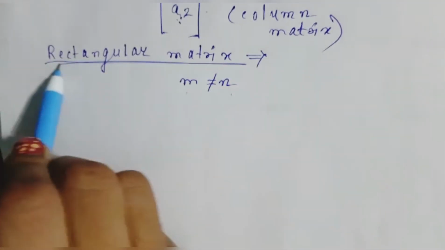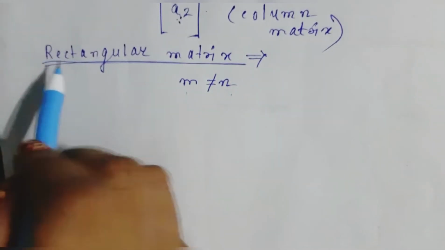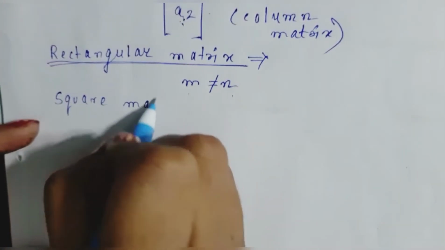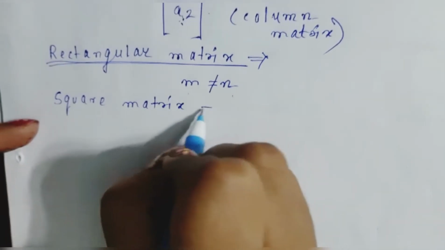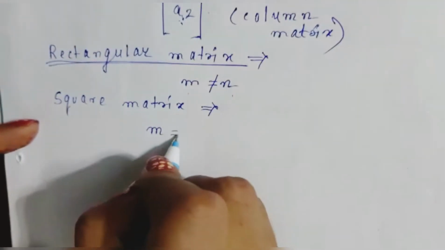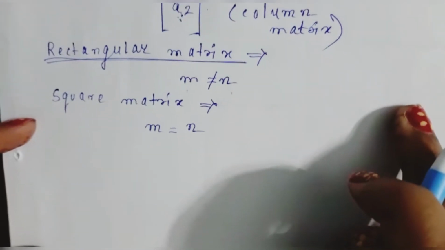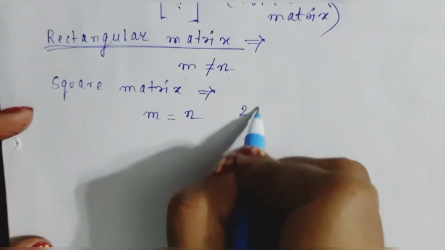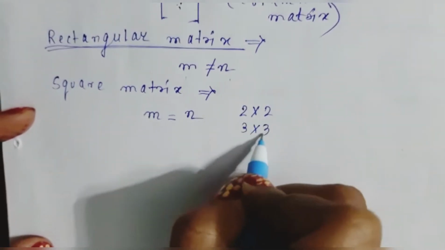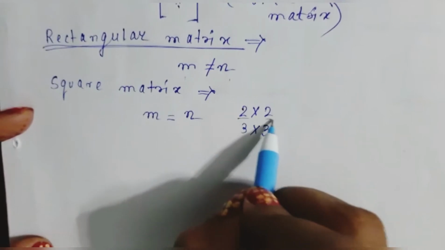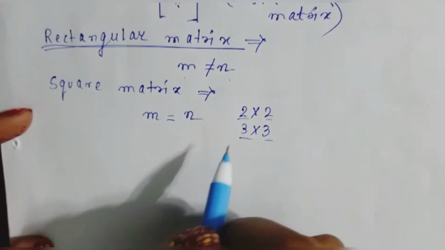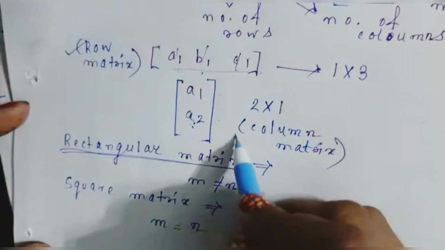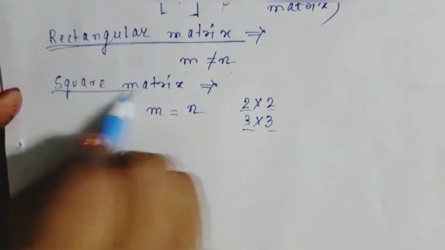Now you have the square matrix, when your number of rows is equal to the number of columns, like we have seen 2 cross 2, 3 cross 3. We have also learned what a row matrix and a column matrix are.